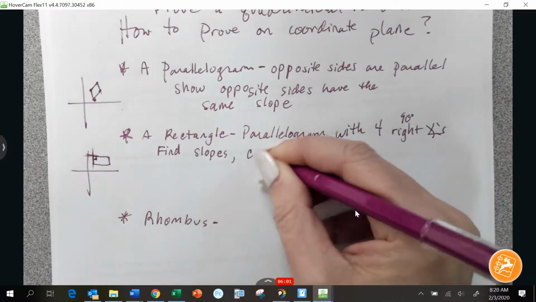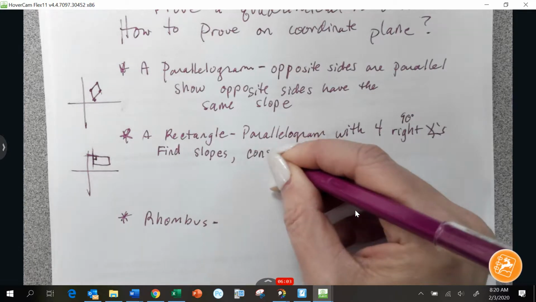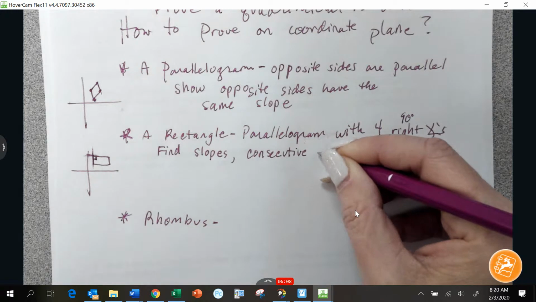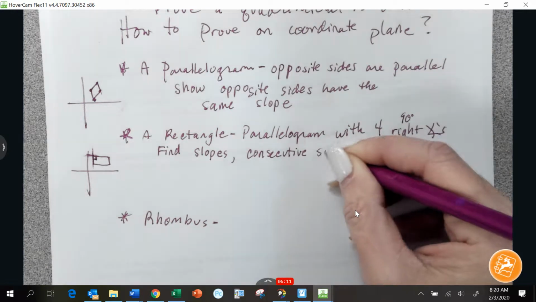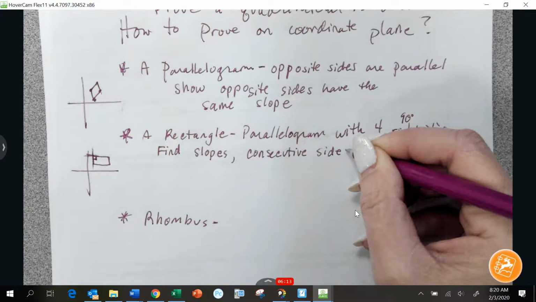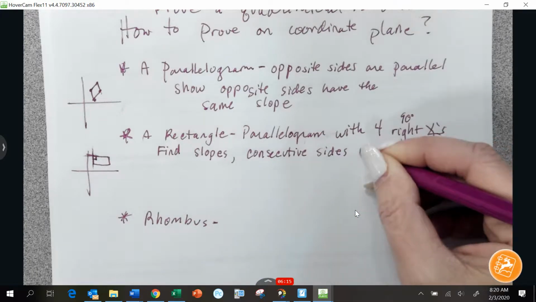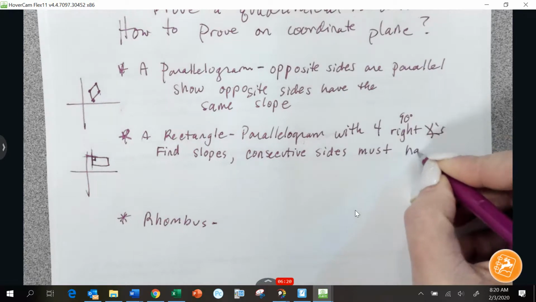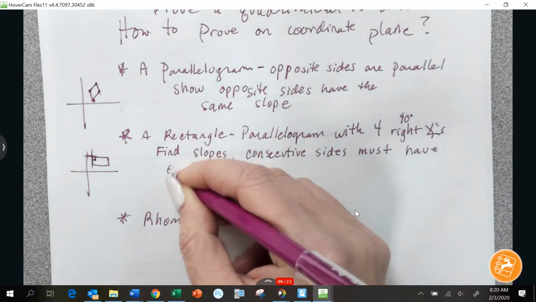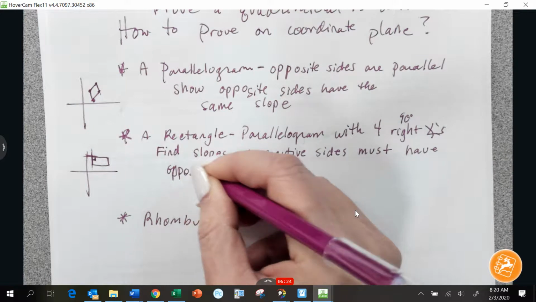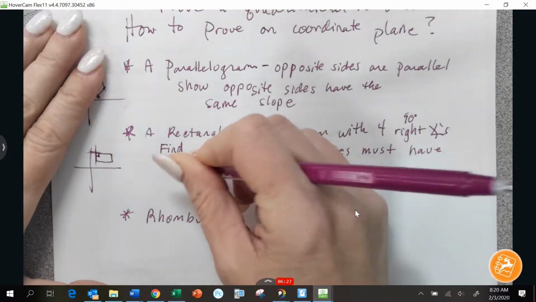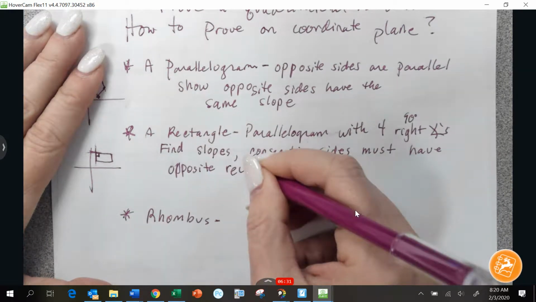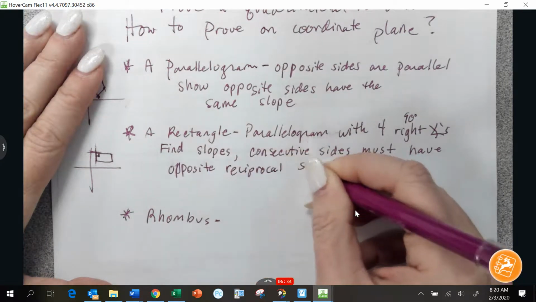And I'm going to say consecutive sides must have opposite reciprocal slopes.